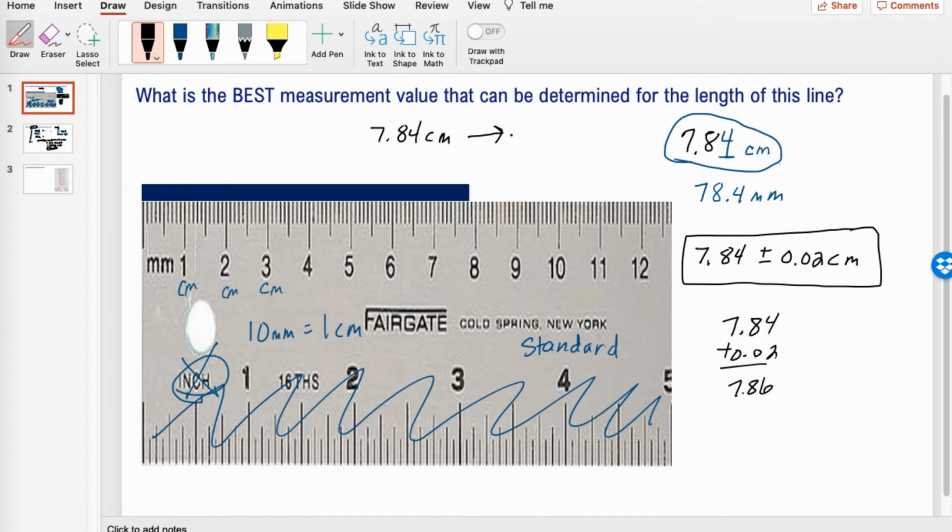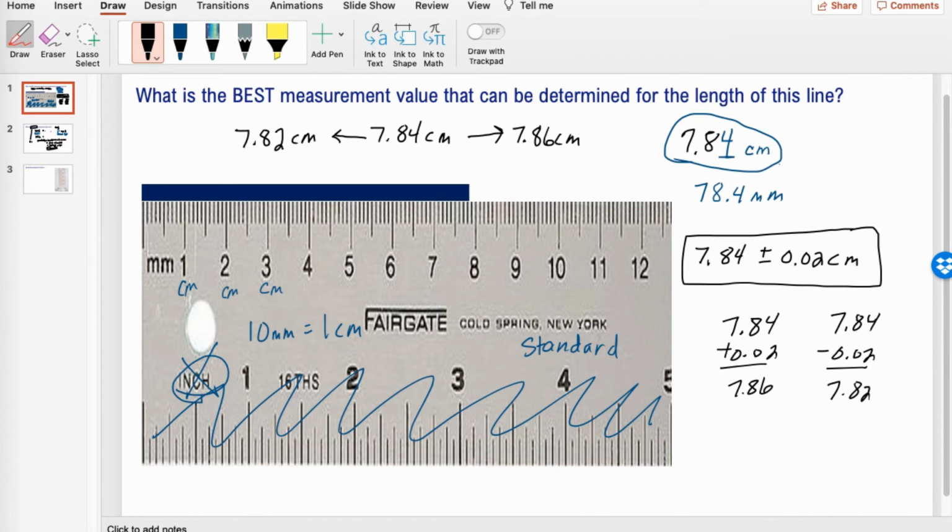So our estimated answer could range as high as 7.86 centimeters. If we take 7.84 and subtract 0.02, then we get 7.82. So our value could range as low as 7.82, and we would say it could be acceptable.